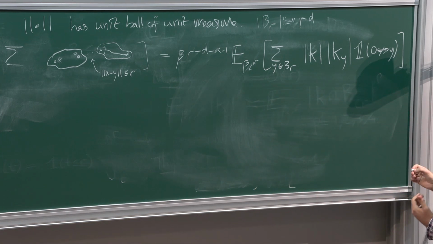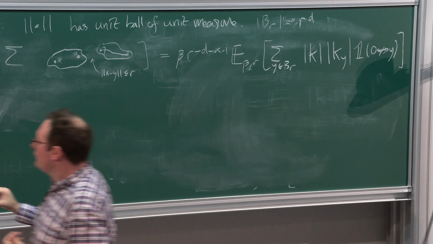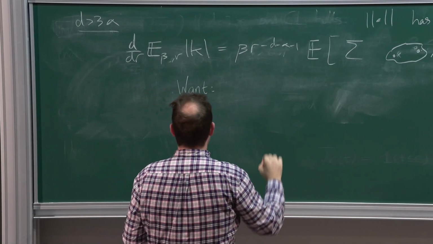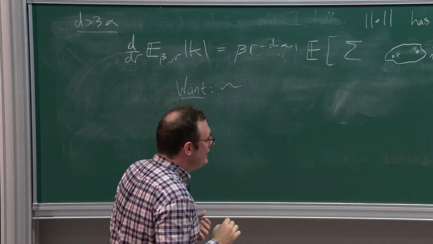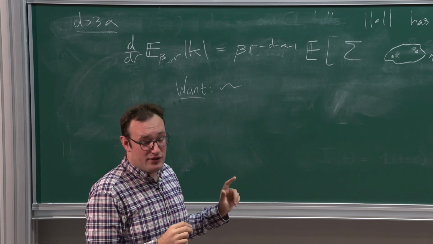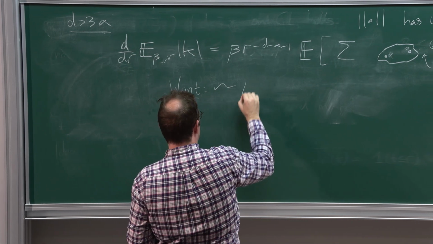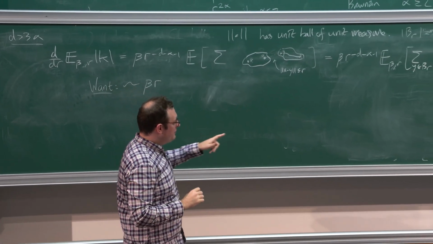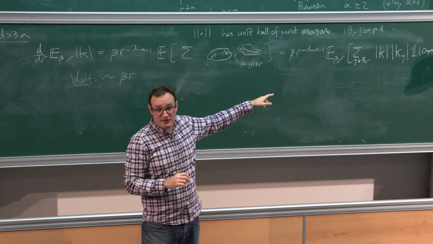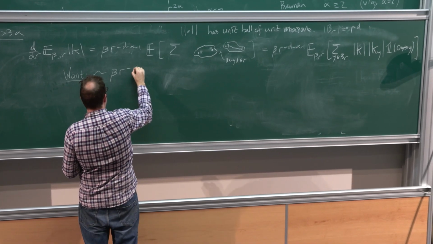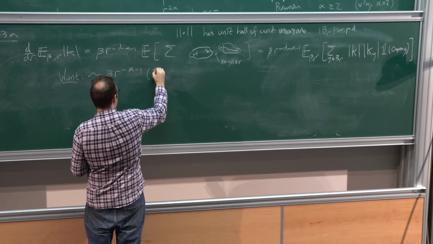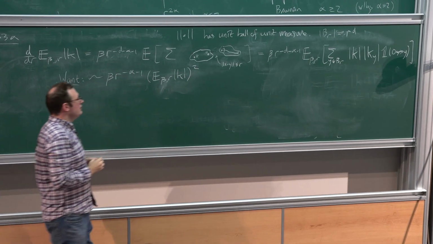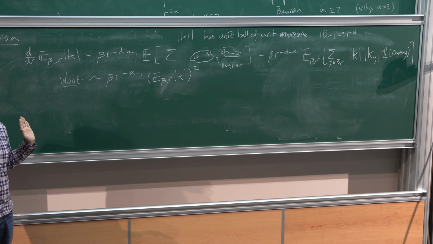So what we would like to be true is that this derivative is asymptotic to what you would get if these two clusters were just independent, which is beta times r. The r to the minus d cancels with the sum over the ball, which has r to the d points. So I would like to get this.